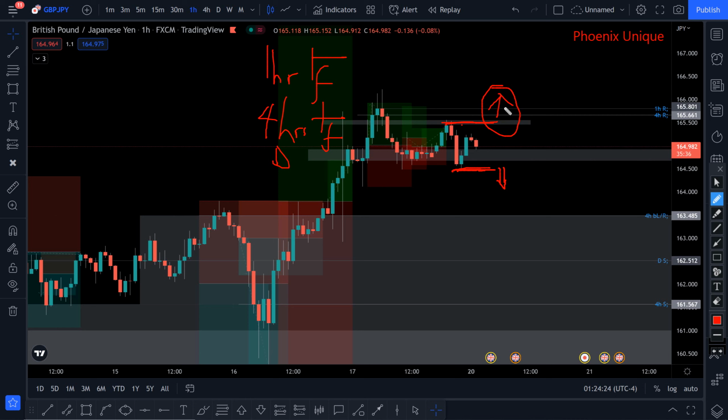So what I'm trying to say is that buys could occur here, sales would require a little more confirmation. So this is for GJ.